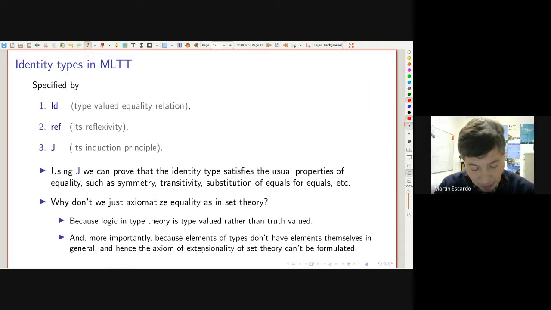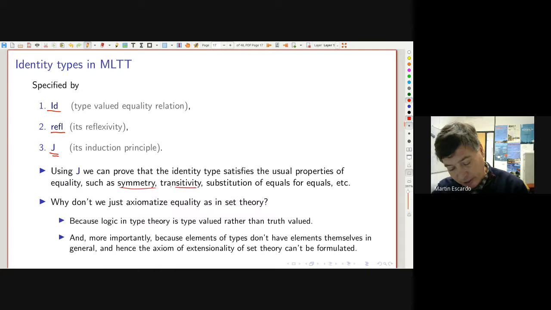Okay, so let's see the summary. To specify the identity type, you have to give a type, the equality relation, a witness that it is reflexive, and then the induction principle J. Now, using J, we can prove the usual properties, so that equality is symmetric, transitive, you can substitute equals for equals, etc. So you can prove the usual things about equality.